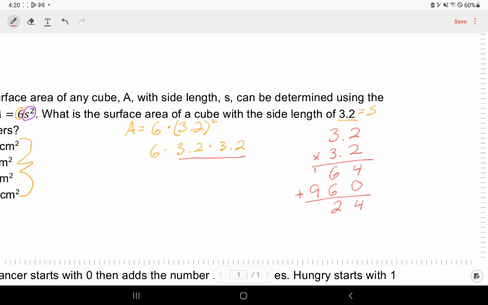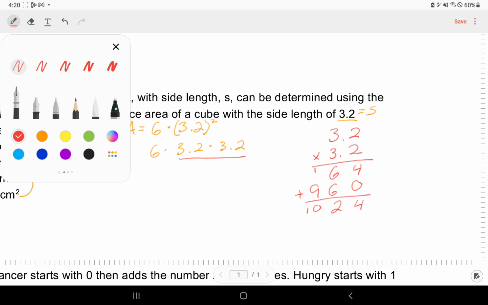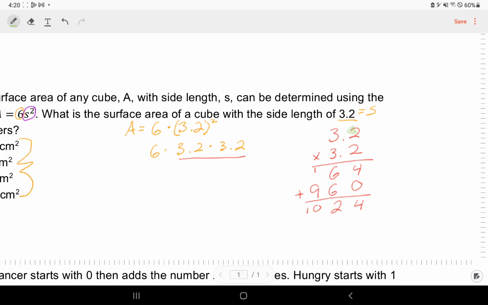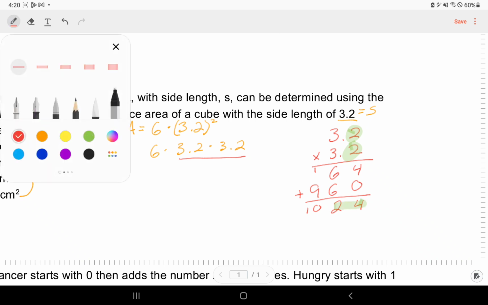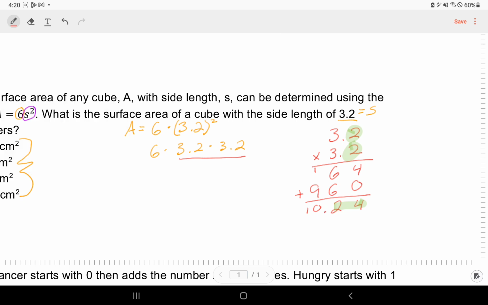Carry the 1. 1 and 9 is 10. I had two numbers after decimals. So 2 numbers after decimals. So 10.24. Now I multiply that by 6.